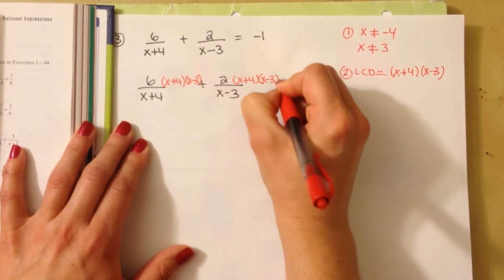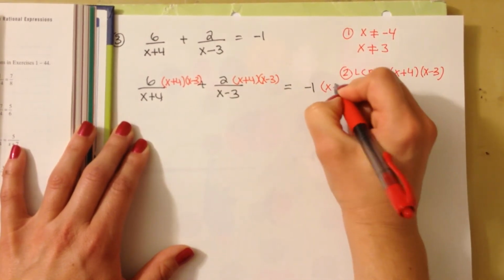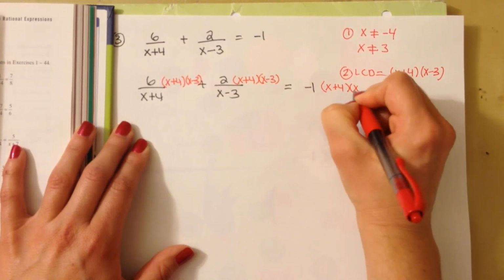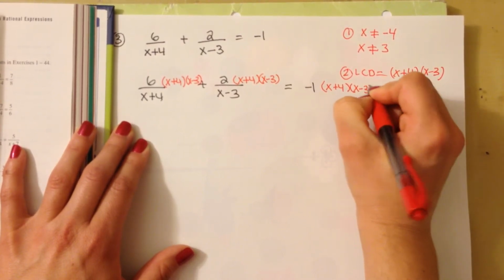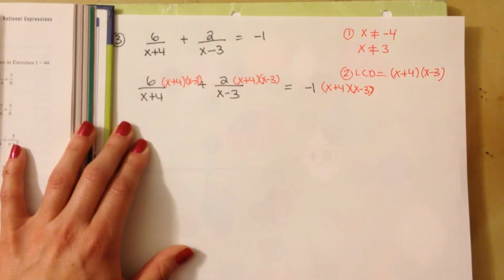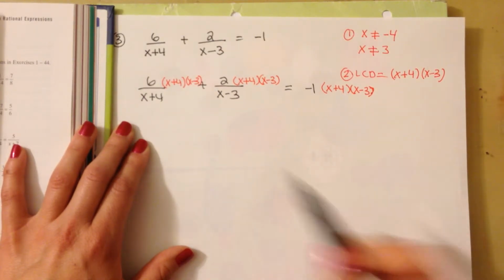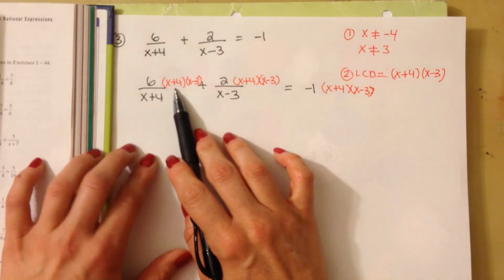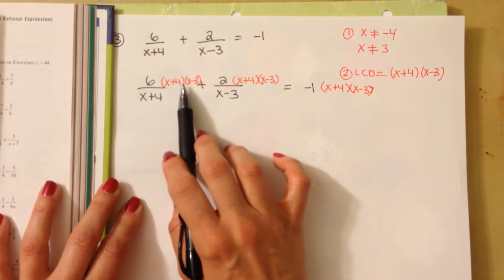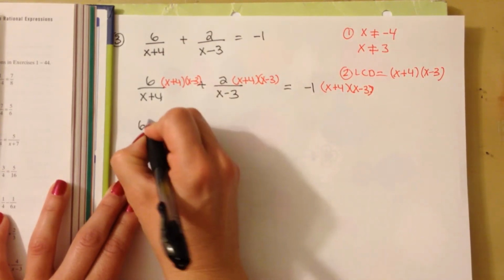And then we just reduce. Okay, so right here, x plus 4 reduces. We're just left with 6 times x minus 3.